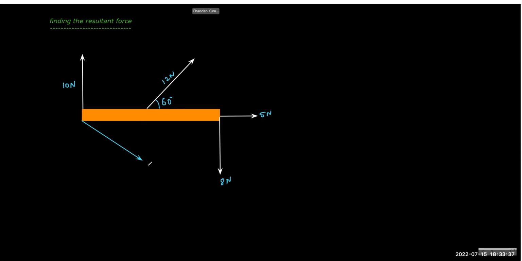So let's say this is maybe 14 Newton. You can use a calculator for calculation, if I give some bad angle. Okay, so I think that's good enough. Now you're supposed to find the net force acting on the body.